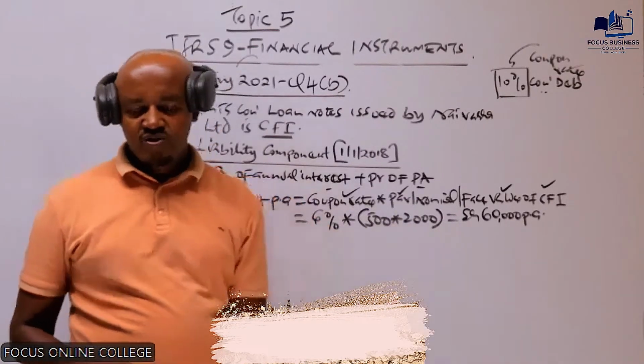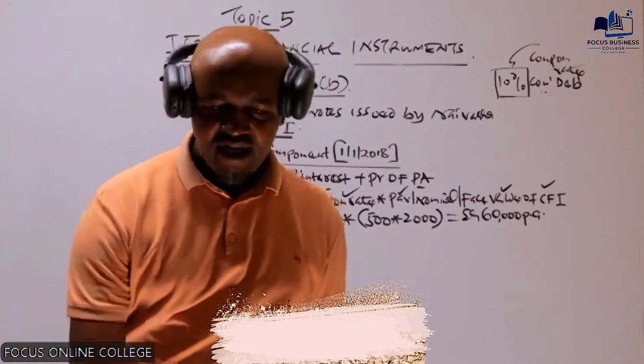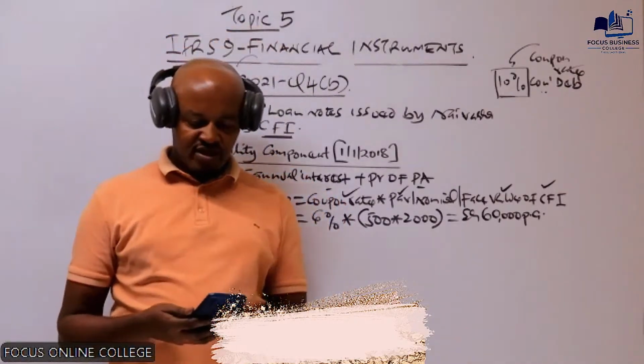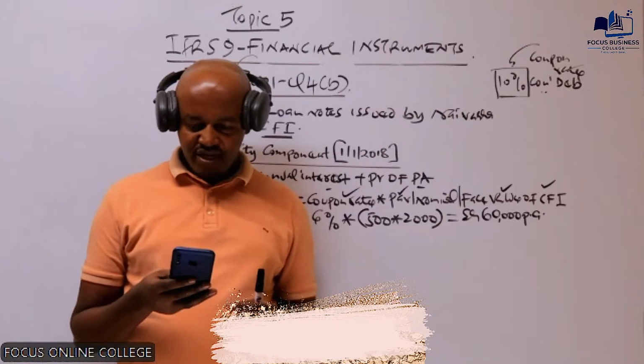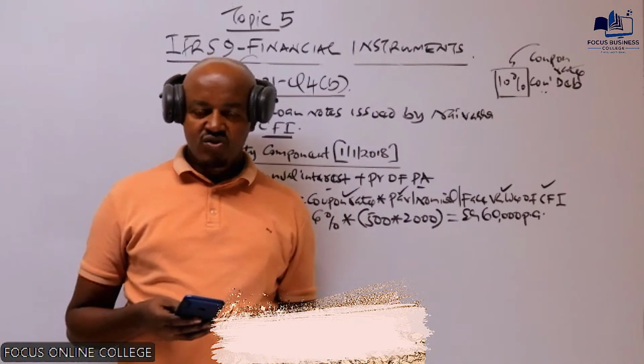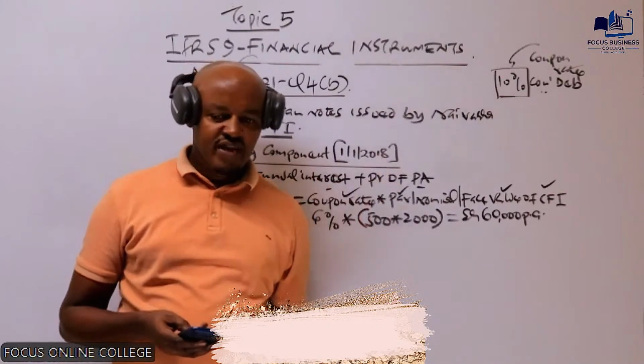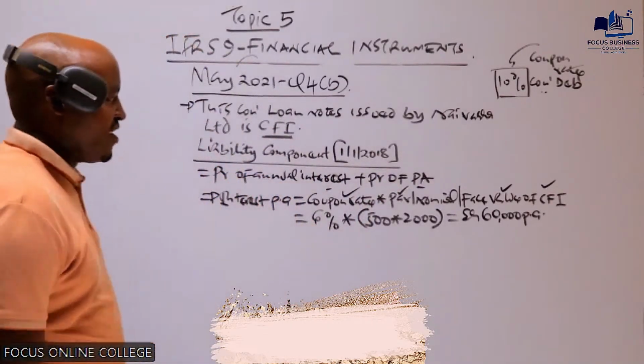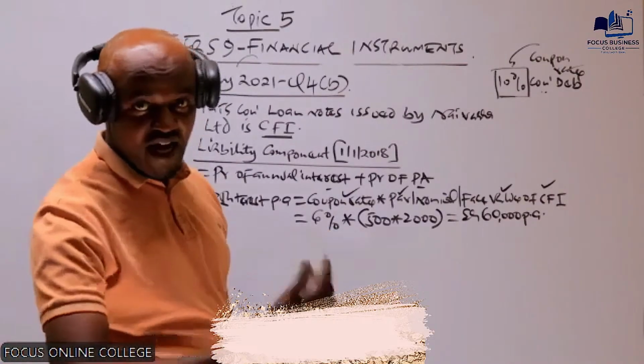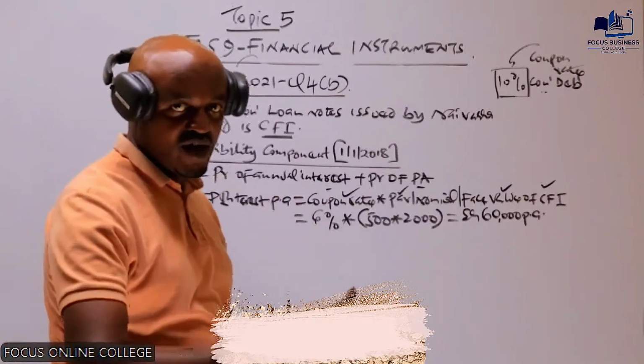Yes, automatically this will be paid for the next 3 years, because we are told that this particular loan note will be redeemed after 3 years. So if they are not converted into ordinary shares, the company will have to redeem them at the end of the 3rd year. This means that this interest, which is annual, will be paid in year 1, year 2, year 3.